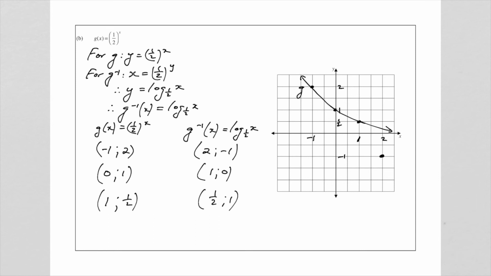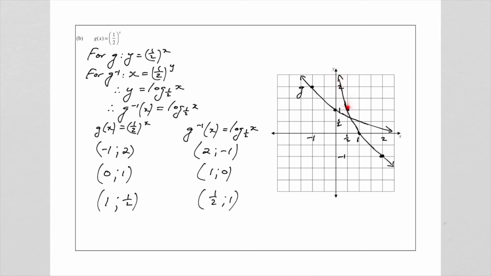When x is 1, y will be 0. And when x is a half, y will be 1. Now, don't get confused with all these points. You can see that this graph is the decreasing logarithmic graph going right here. So let's just quickly draw that graph.